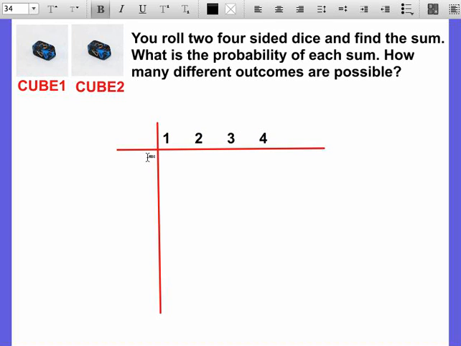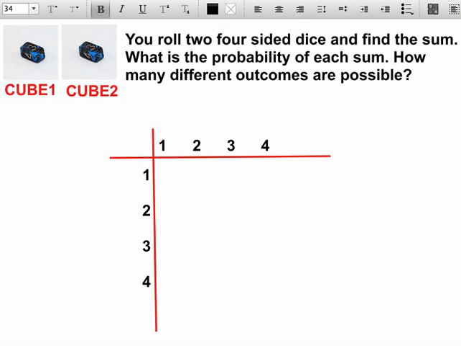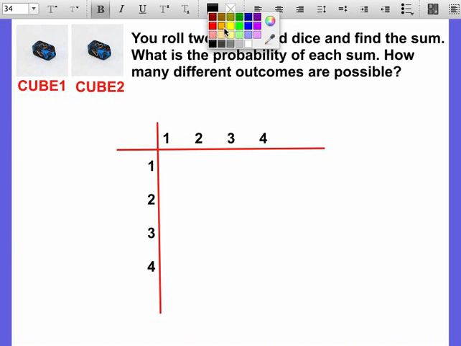With cube number 2, I could also roll a 1, a 2, a 3, or a 4.